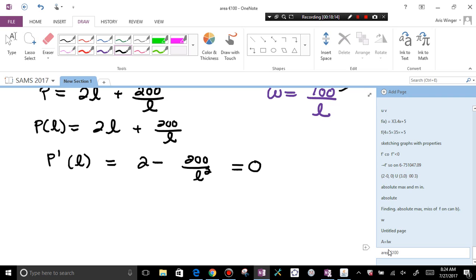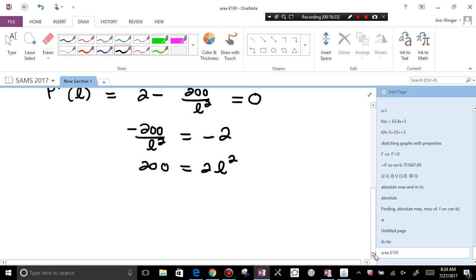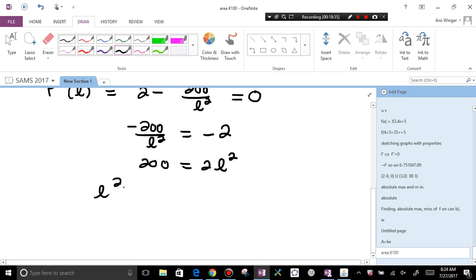Here, just go to Algebra Town, solving for L. We add 2 to both sides, then cross multiply: 200 is equal to 2L squared. L squared is 100. That means L is 10, or L is negative 10.